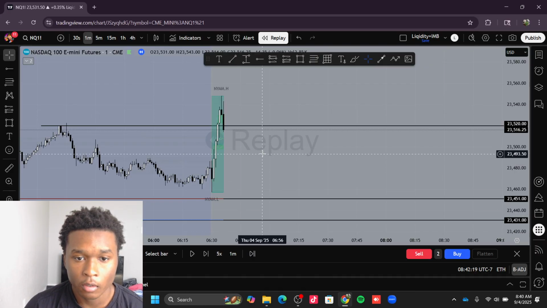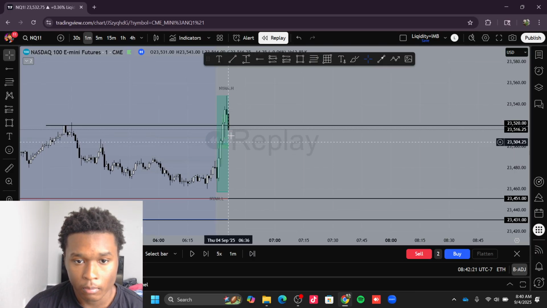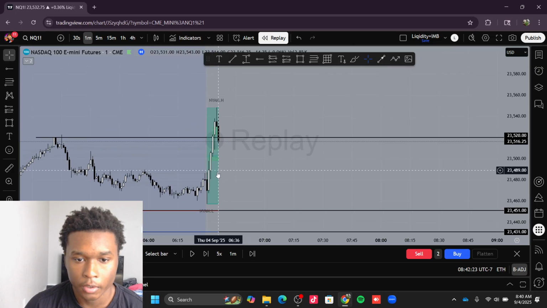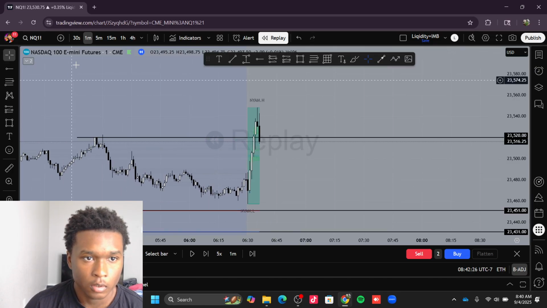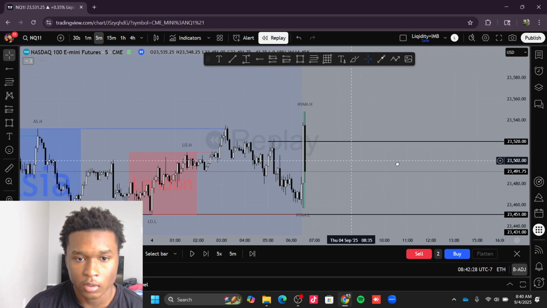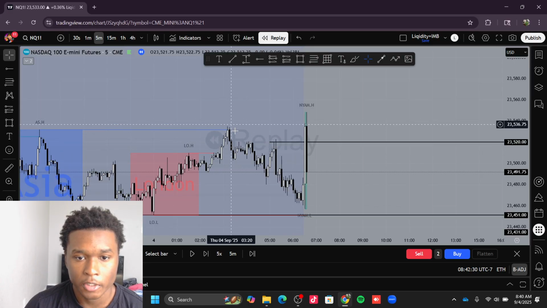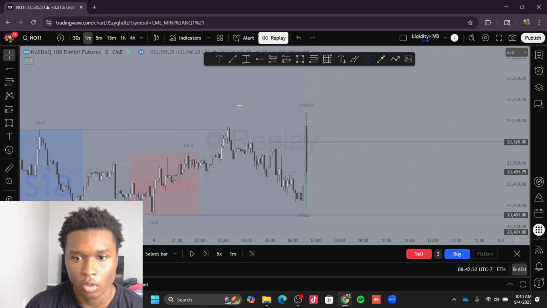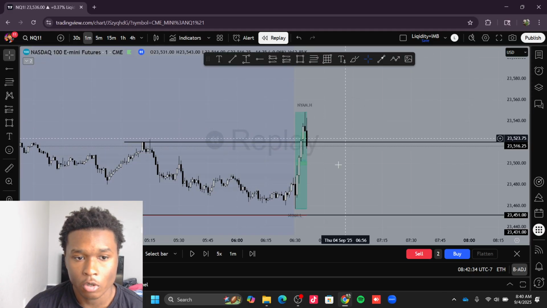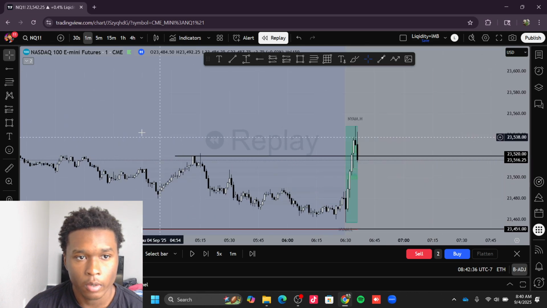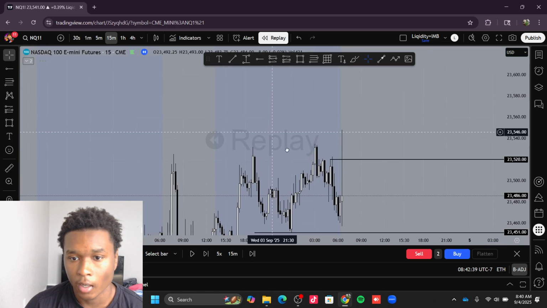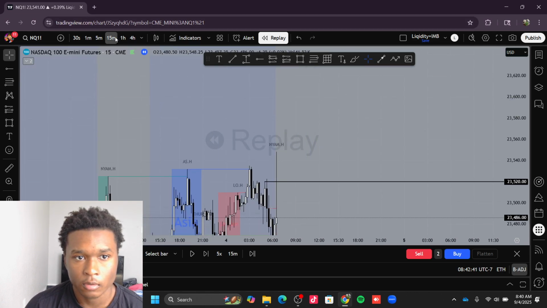This is also one of my longing setups too. Here I would go long, but if you scale back out to the 5 minute, we already swept these highs. So there's no point in me going long because there's no high to target. If you scale higher to the 15 minute, there's still no high to target.